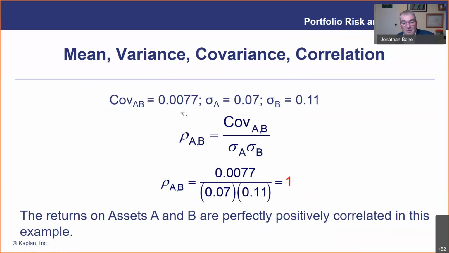Okay, so in other words, we just calculated covariance of 2 assets as essentially standard deviation of asset A times standard deviation of asset B times their correlation coefficient. So rearrange that, and again, if I use population correlation coefficient, there we go.